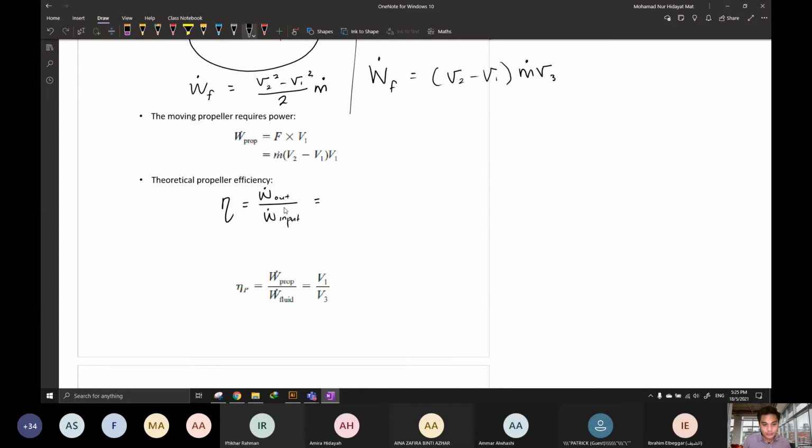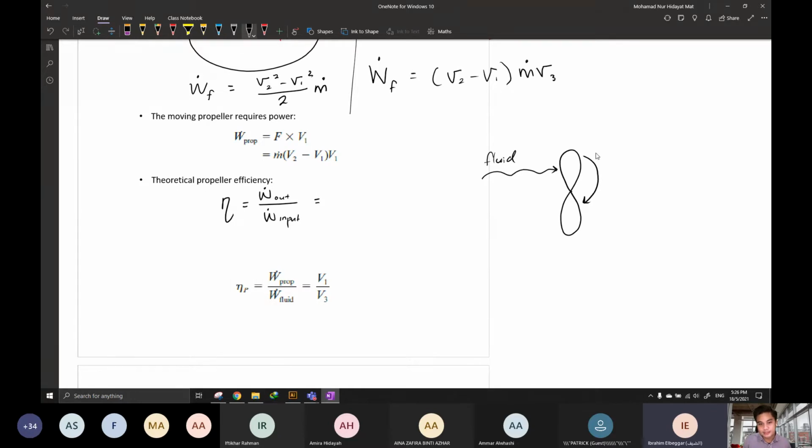The work output is actually the propeller. The fluid is the input. The fluid will cause the propeller to move. Because of the energy of the fluid, the propeller starts to move.